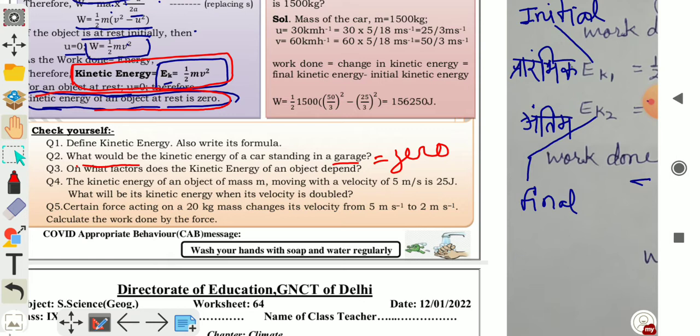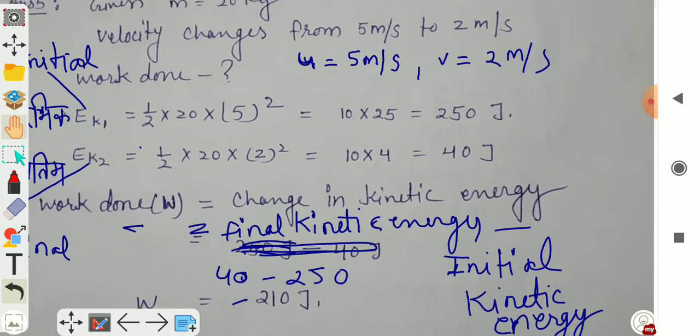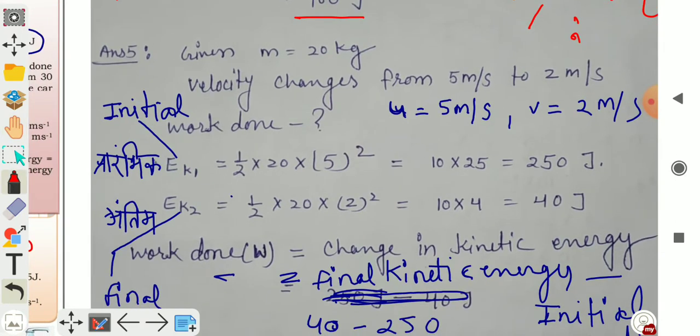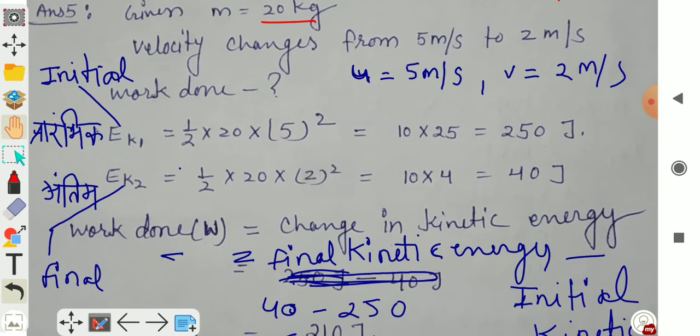So how will you calculate the work done? You have been given mass 20 kg, and velocity changes from 5 meter per second to 2 meter per second. It means the value of u is 5 meter per second and the value of v is 2 meter per second.